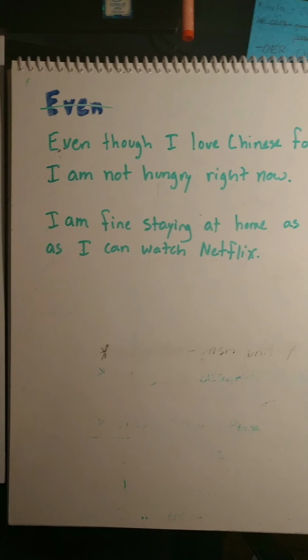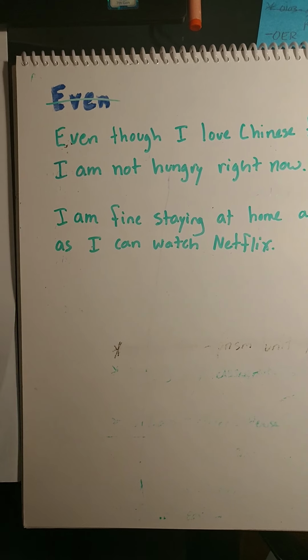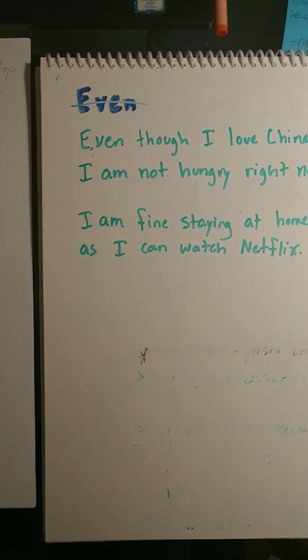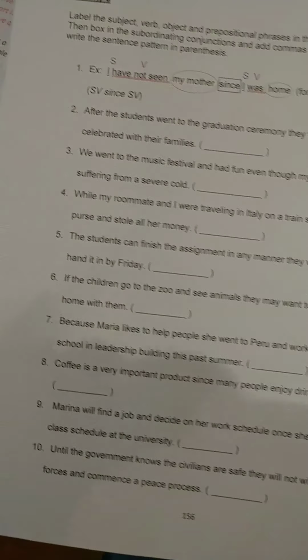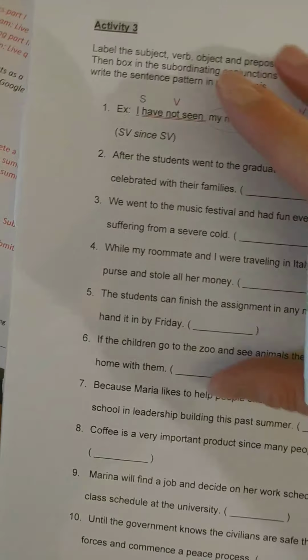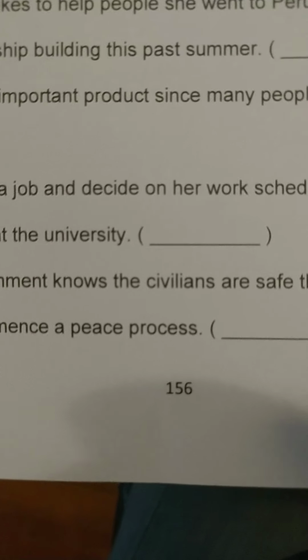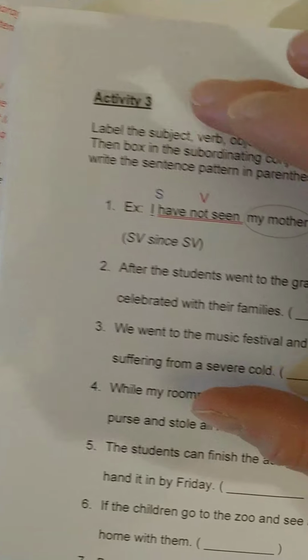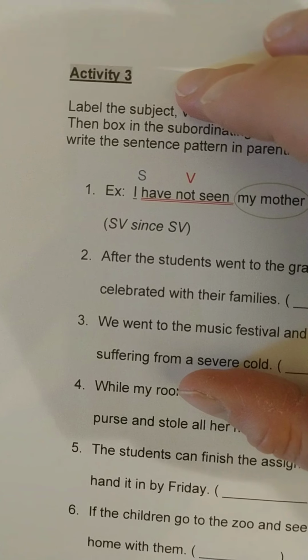All right, so hopefully you have an idea of how to do this. Now, it's already 12 minutes I've been lecturing, and this is kind of a boring lecture. On page 156, you can try activity 3 before Wednesday.